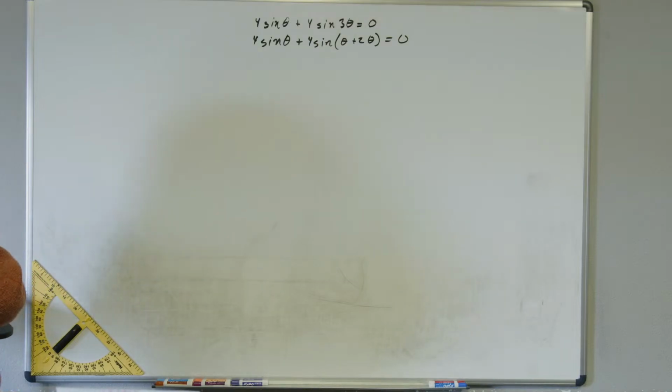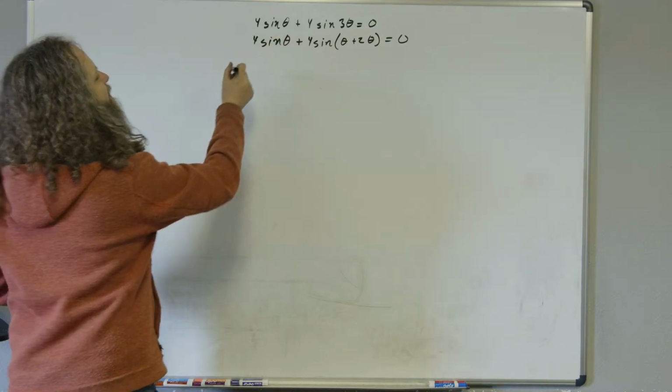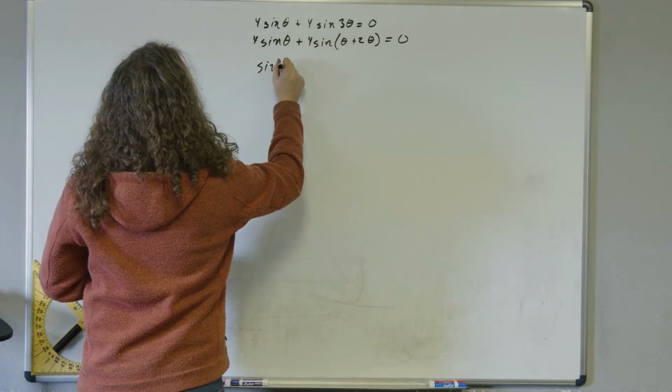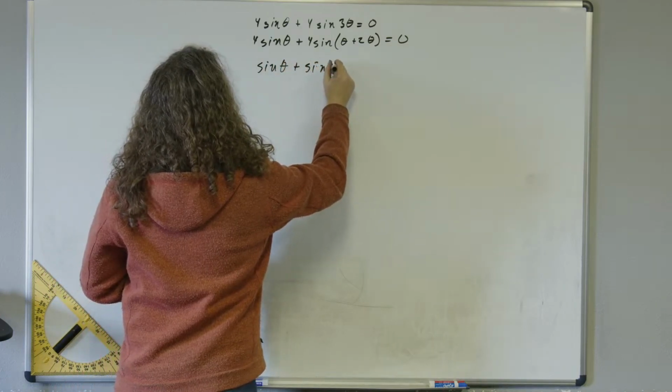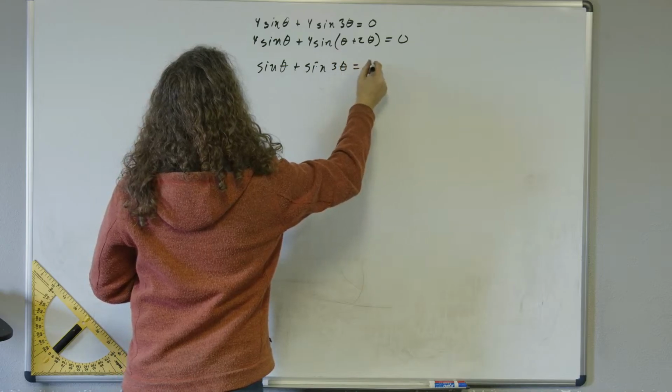Okay, so we probably are going to have to, instead of doing what I just did, because I thought we were going a different route, we probably have to turn, let's see. So if we get rid of the 4's, do sine theta plus sine 3 theta equals 0.